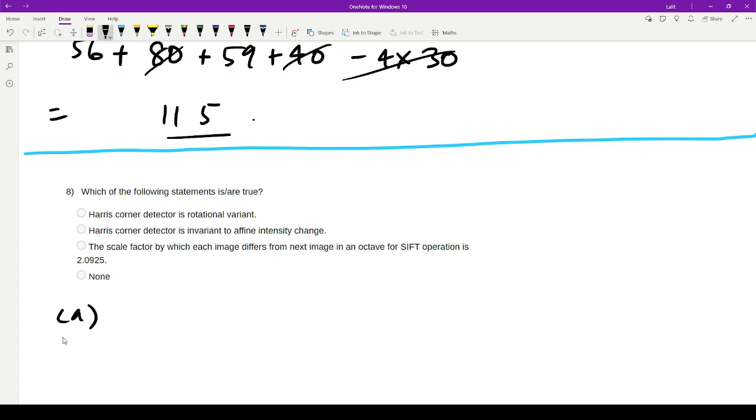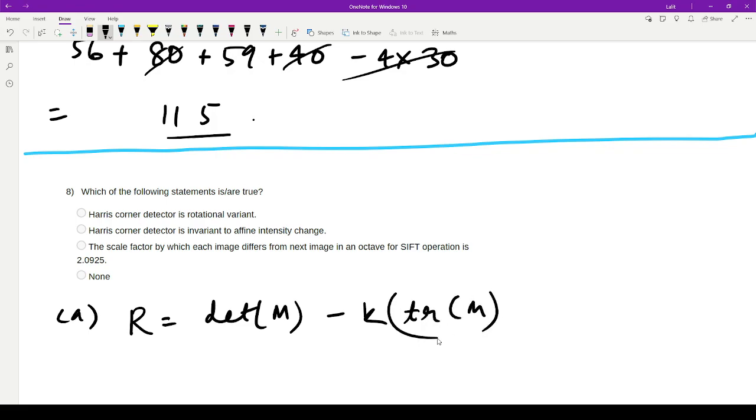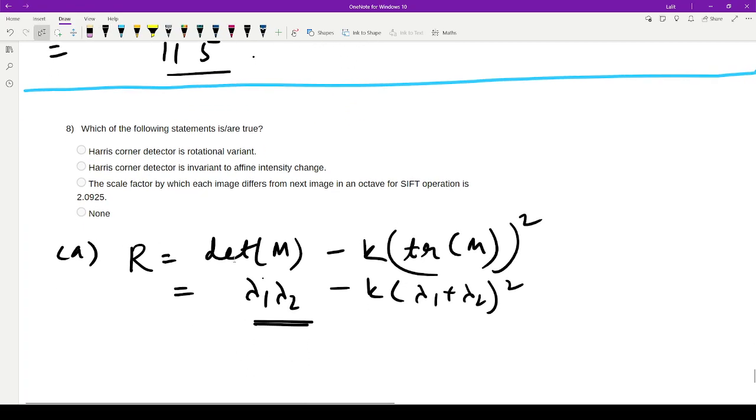How? If you remember, the score is given by determinant of M minus k times trace of M whole square, which you can rewrite as lambda 1 lambda 2 minus k times (lambda 1 plus lambda 2) whole square. Even if you rotate the image, these lambdas will still be the same.